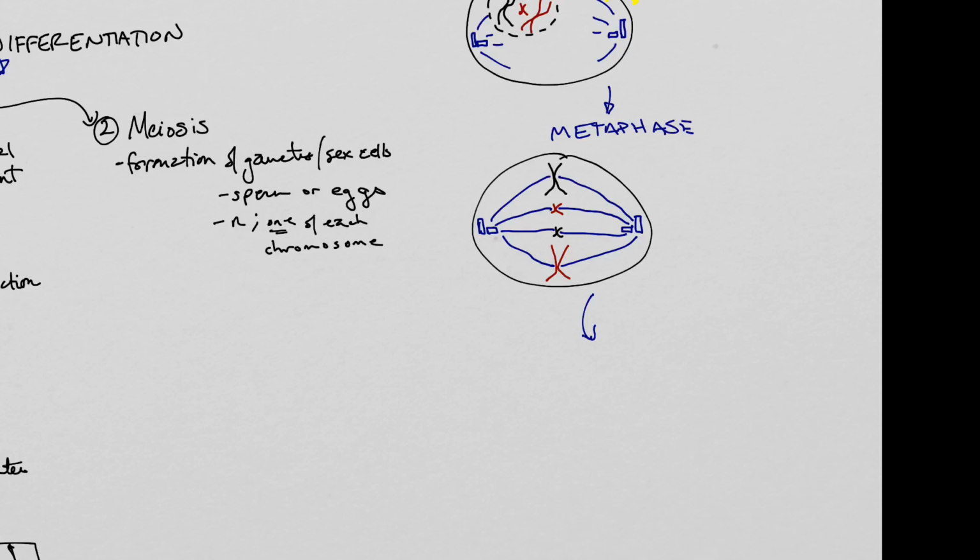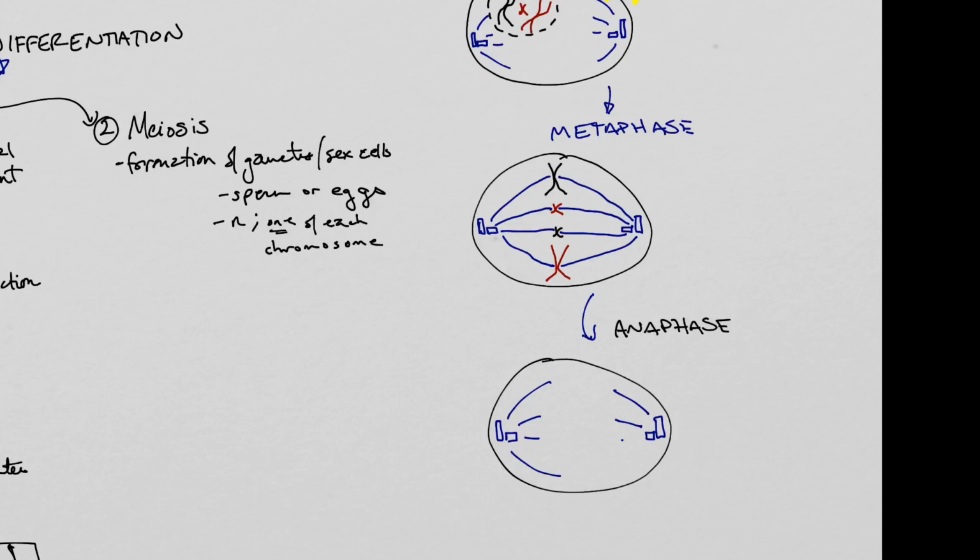So now let's move on to anaphase. In anaphase, our spindle fibers are going to start to shorten, which then separates the sister chromatids from one another. So I've got my centrioles here, and I'm going to shorten these spindle fibers a bit so that these chromosomes can be pulled apart from one another.